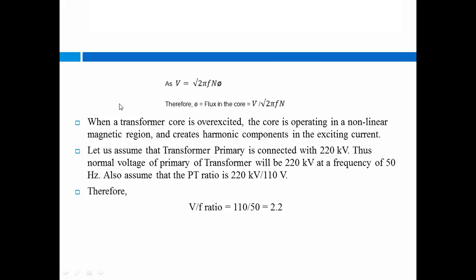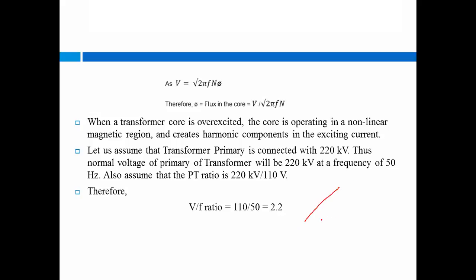Okay, so when a transformer core is overexcited, the core is operating in a non-linear magnetic region, and it creates harmonic components in the exciting current. म्हणजे when it is under normal condition, not overexcited, means current is given as per the given value only, that time there is a linear characteristic.